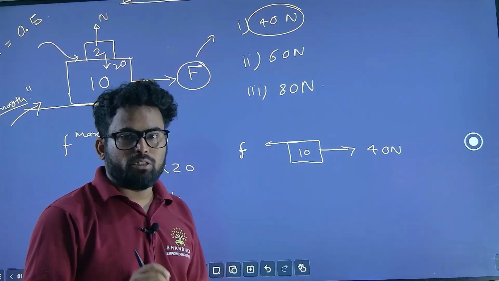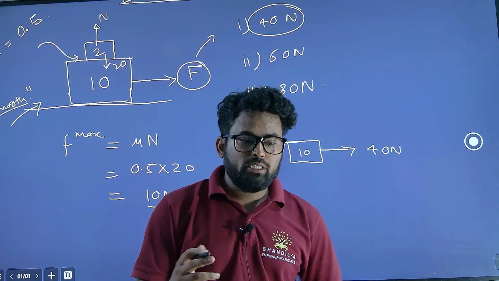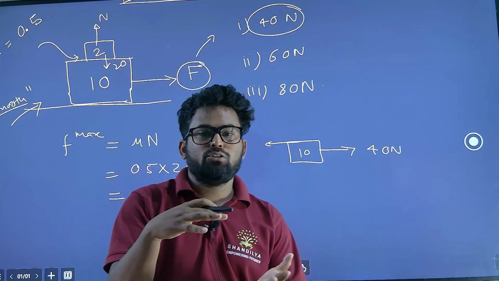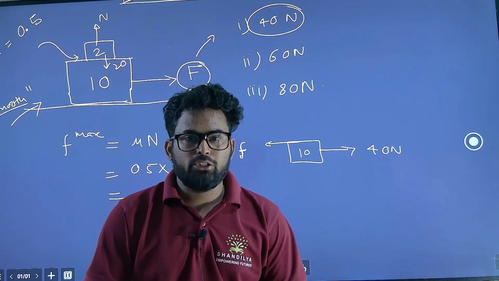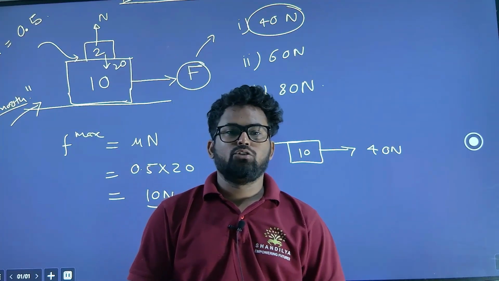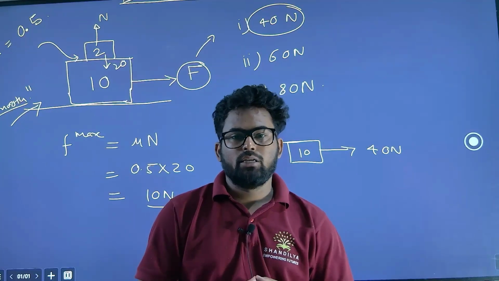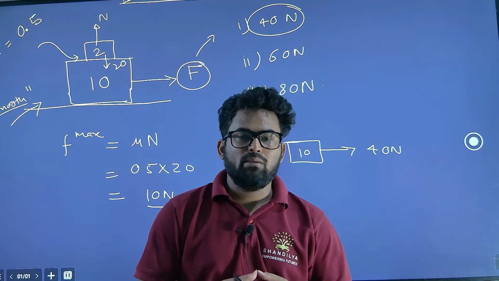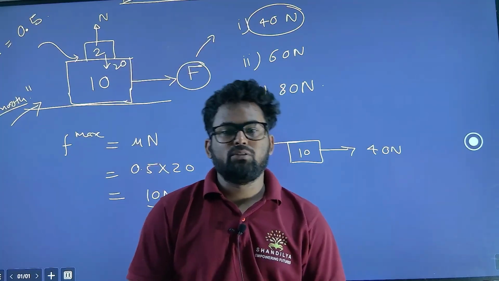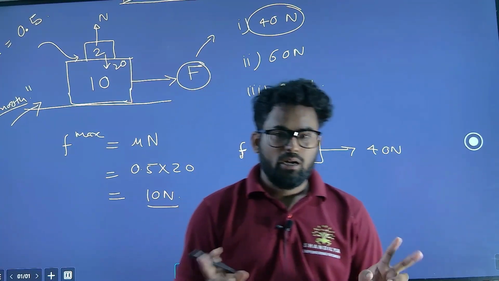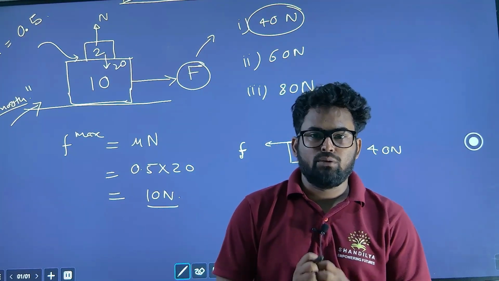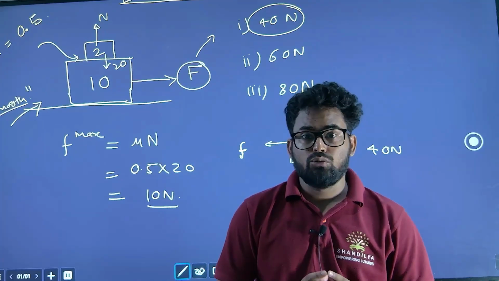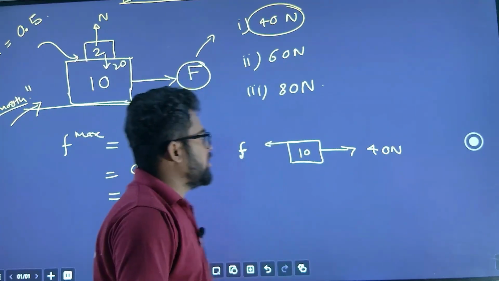This is an important point. We do not know whether, when you apply the 40 Newton force, both would have the same or different acceleration. So first, we will assume they are moving with the same acceleration. And when they are moving with the same acceleration, the friction between them would be of static nature. And static friction can have any value from 0 to F max. We don't know that value, so we'll assume that friction is generally F.